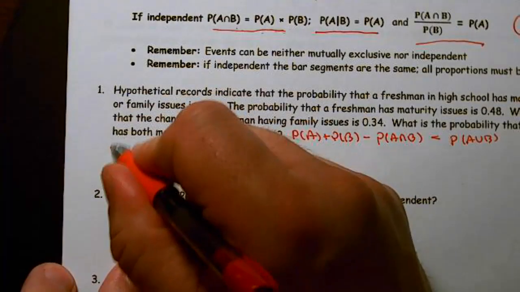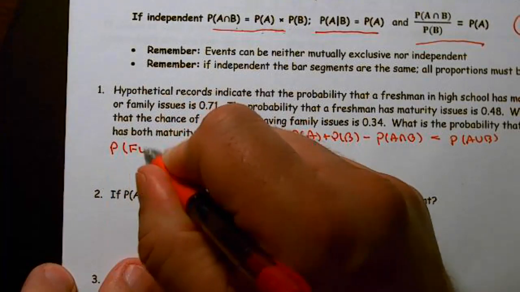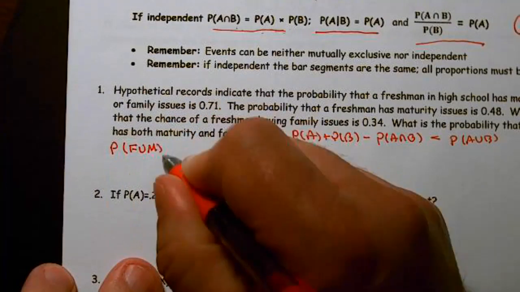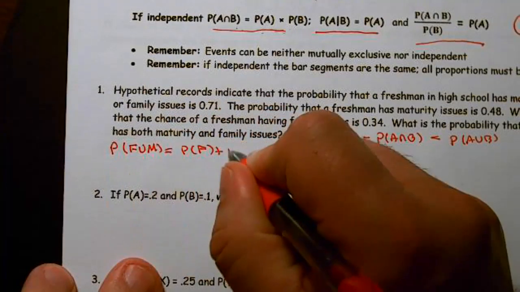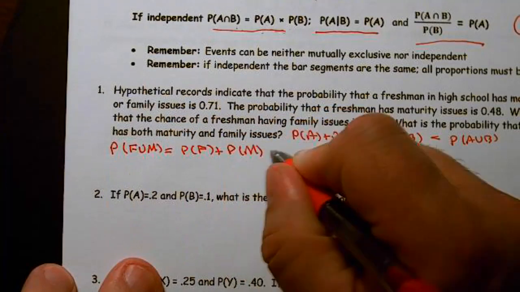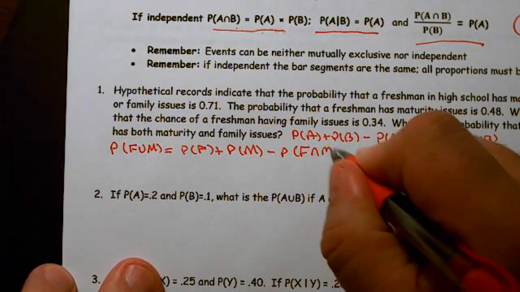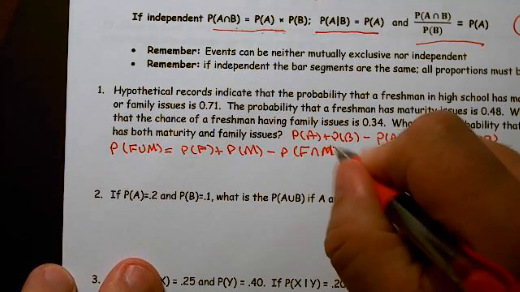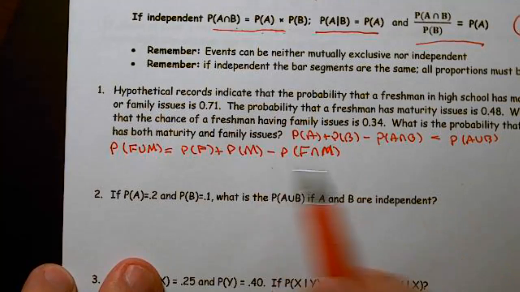So the probability of family issues union maturity issues equals the probability of family plus the probability of maturity minus the probability of family and maturity. And by the way, you will need to write down the formula. You can write it like this or like this, but one of those places you're going to have to show it.